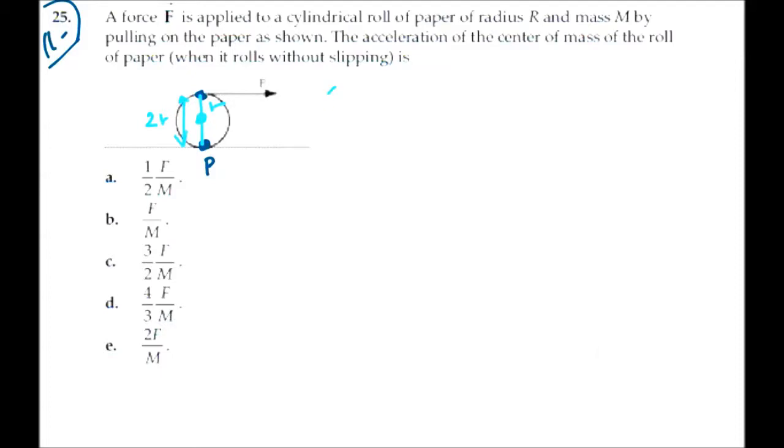So the torque at point P will be equal to the moment arm, which is 2 times the radius, times the force F, sine 90 degrees between the two. So that's just 2rF.